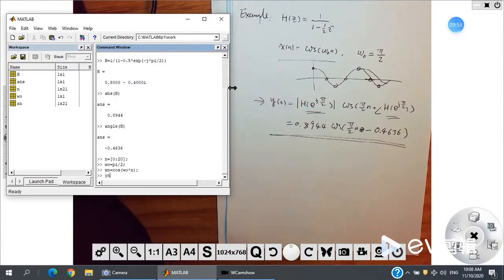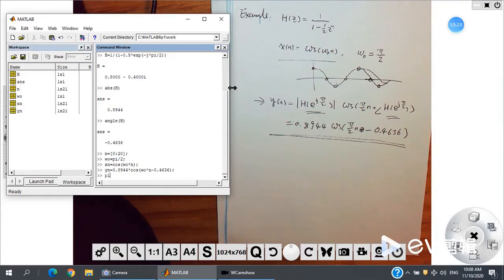And y of n will be the magnitude of h, which is 0.8944, times cosine of omega 0 times n minus that phase angle, which is 0.4636. Okay, so this is y of n.